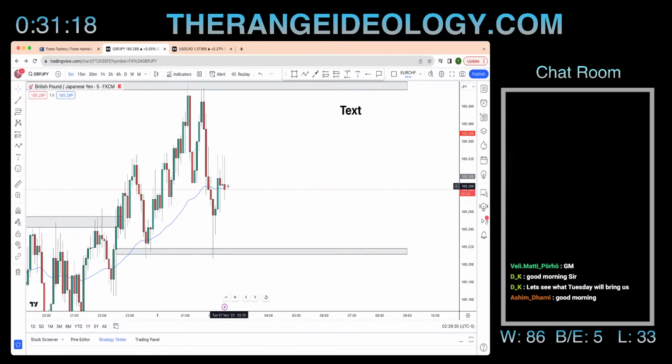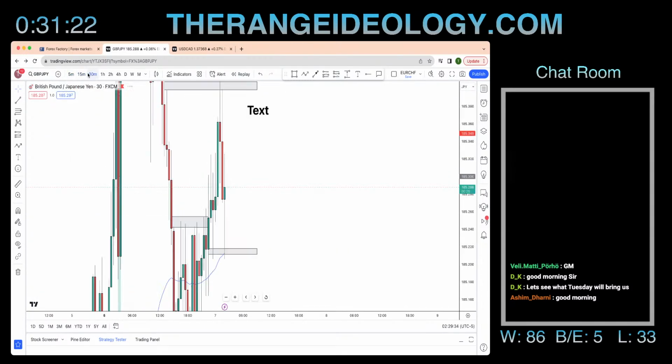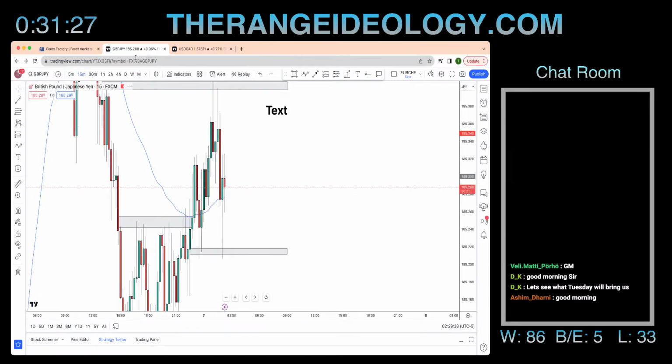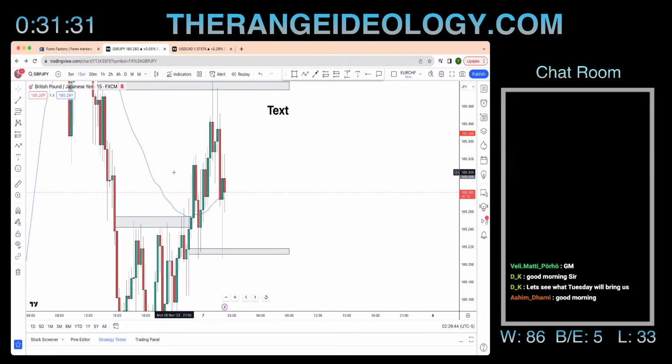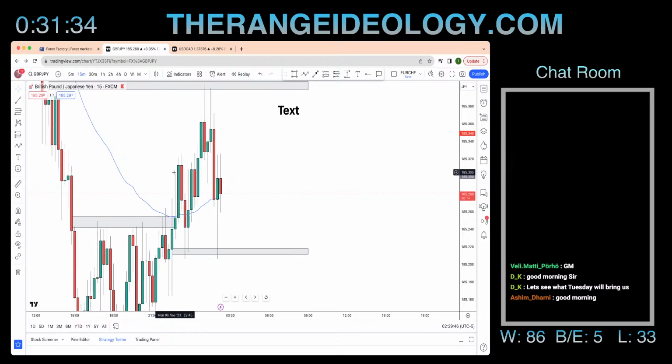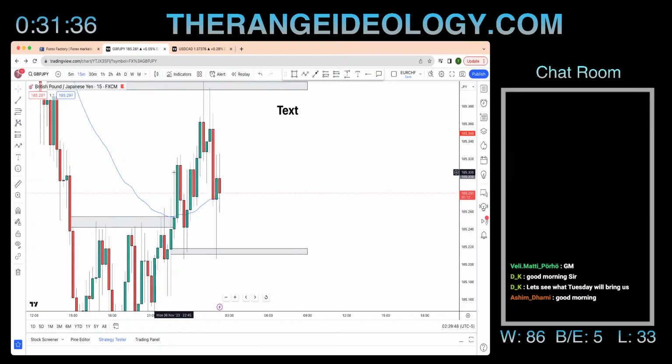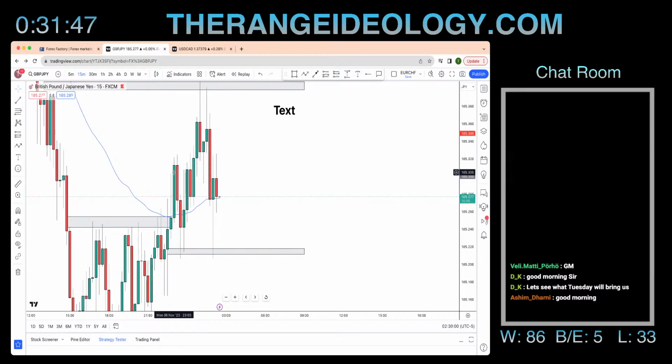So rejecting the 5-minute EMA. Let's see if it closes below or above. And we have the 30-minute close coming any second now. Okay, it's dumping down. Let's see. Right at the 15-minute EMA. Okay, here it comes. Oh, wow. Strong push here.